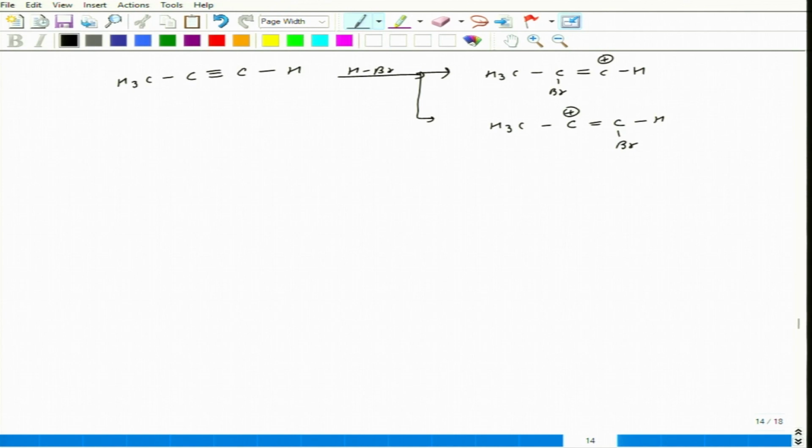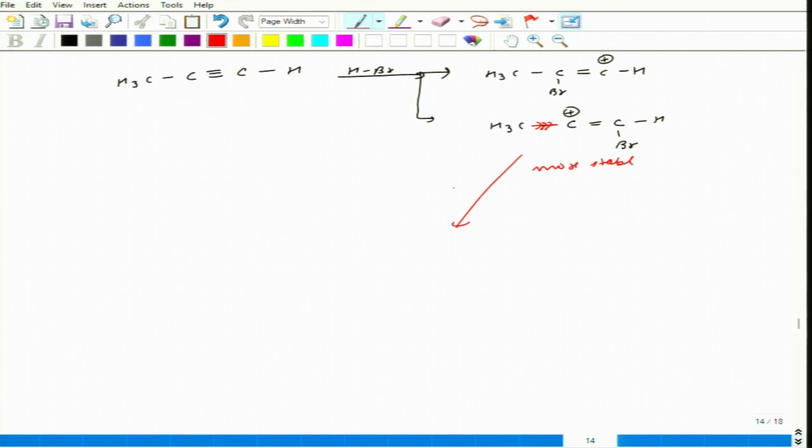As we have discussed in the previous one also, it depends upon the inductive effect; whichever carbocation is more stable, we can check by the inductive effect. If we see in this case, the inductive effect is applicable, which means this one is more stable.